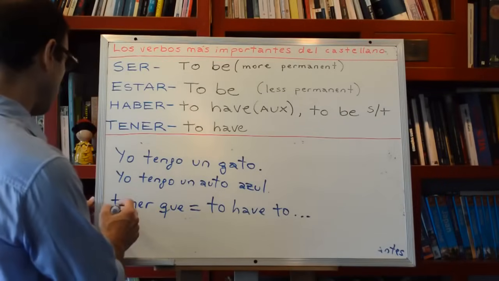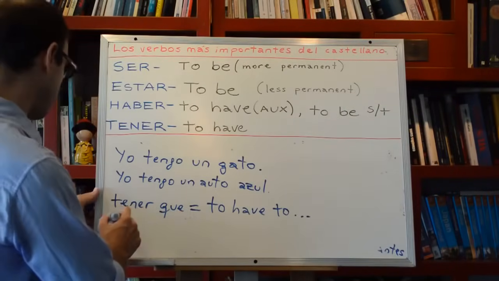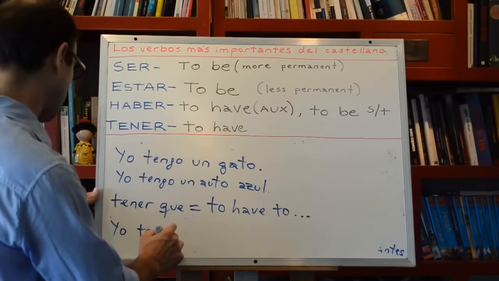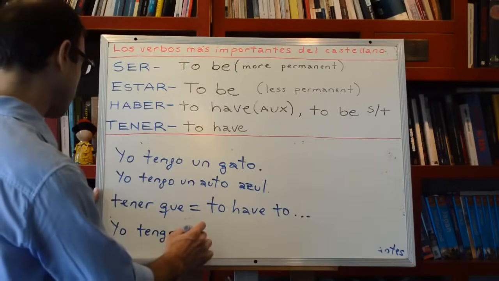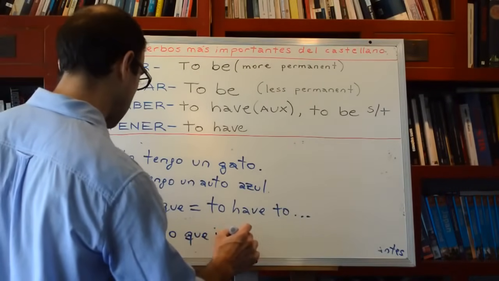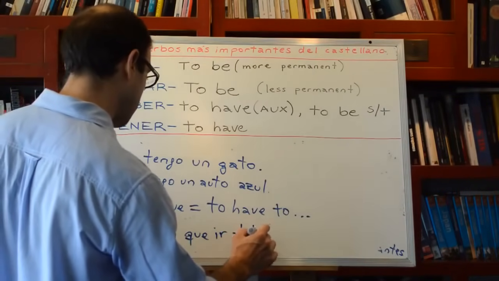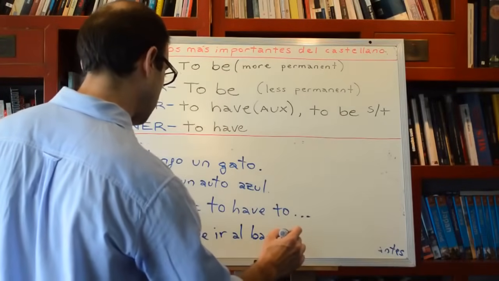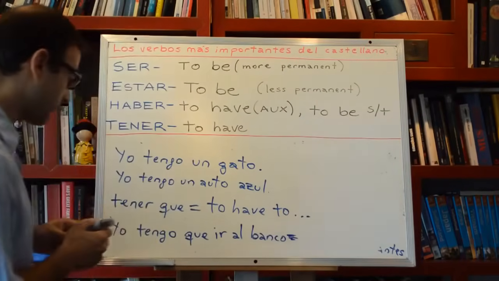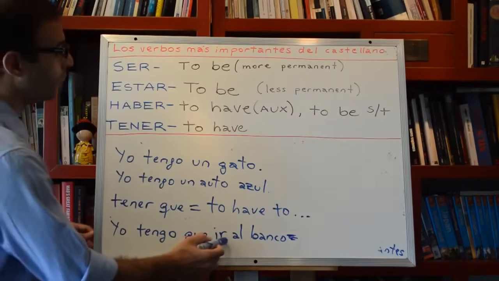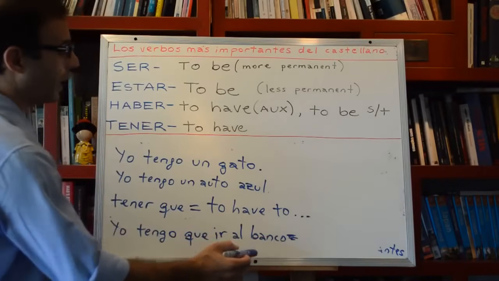We would say tener que. For example, yo tengo, which means I have, que ir al banco. This is the same as saying I have to go to the bank.